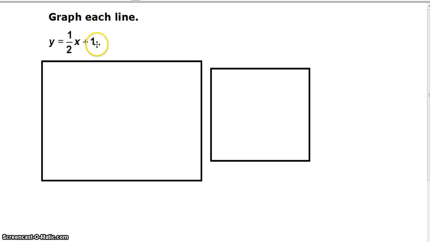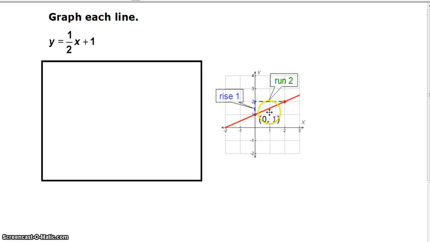So we will take from our y-intercept of 1, we will rise 1 and run 2. We now have a second point at (2, 2). And 2 points are all we need to graph a line. So draw your line through and beyond. Make sure that you have arrow tips on the ends of your line. This has been cut off a little bit so you don't see the arrow tips.